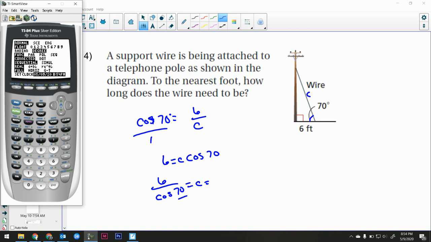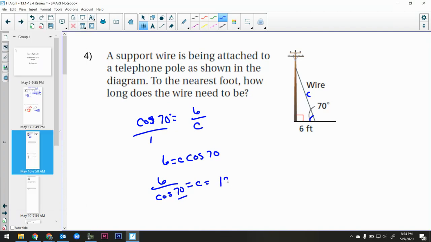If you're going to input degrees, make sure it's in degree mode like this is here. All right, so it's going to be 6 divided by cosine 70. Okay, 17.5 to the nearest foot, 18 feet. Okay, there's my answer.